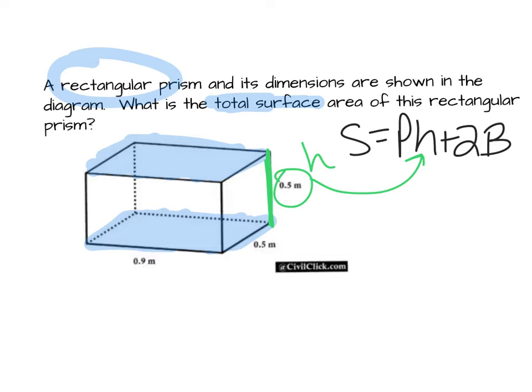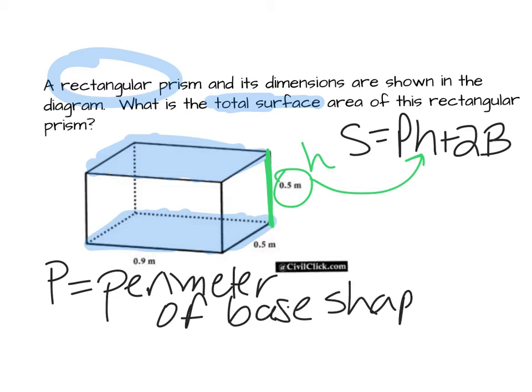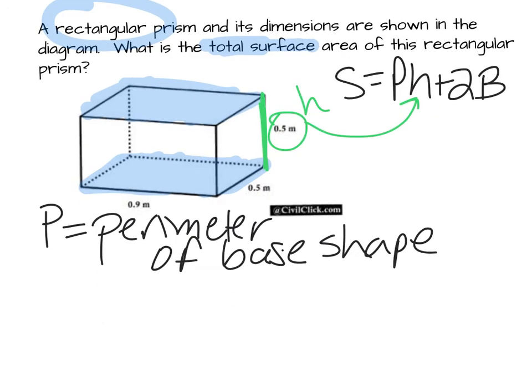So remember that capital P is the perimeter of the base shape, and capital B is the area of the base shape.